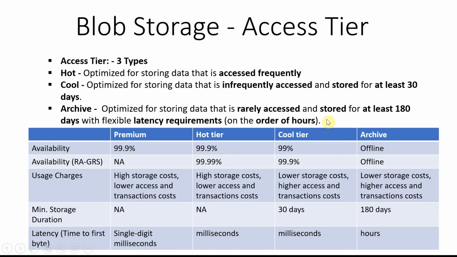And again, on cost, I saw this question very frequently, where there is a cost associated when you are extracting the data. I mean, hot and cool will not have a cost for extracting the data. Whereas archive will have a cost associated with extracting the data, because you kept it in archive.